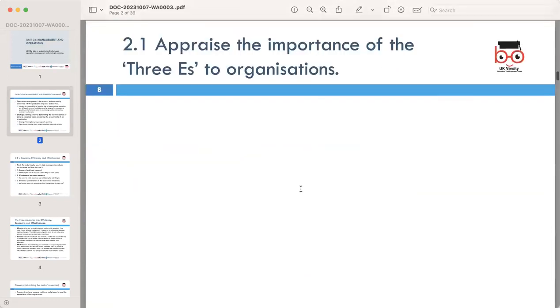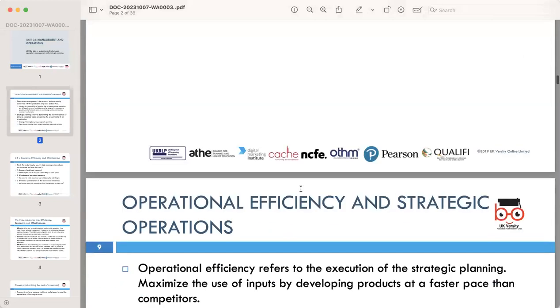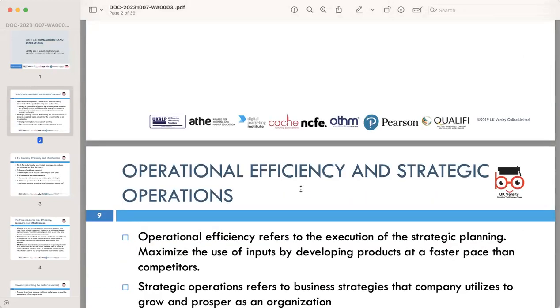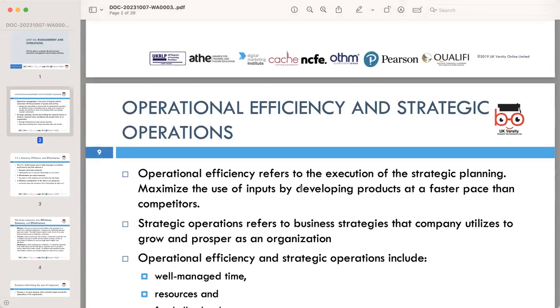Appraise the importance of these two: operational efficiency and strategic operations. Operational efficiency refers to the execution of strategic planning, or that long-term planning, maximizing the use of our input by developing products at a faster pace than competitors.